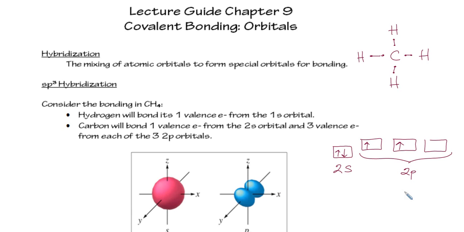So would you expect that there would be a difference in the bonds? Would those carbon-hydrogen bonds be a little different if the carbon electron was coming from an s orbital versus a p orbital? Would some bonds be a little stronger, some a little weaker?